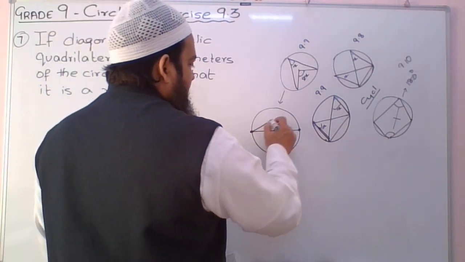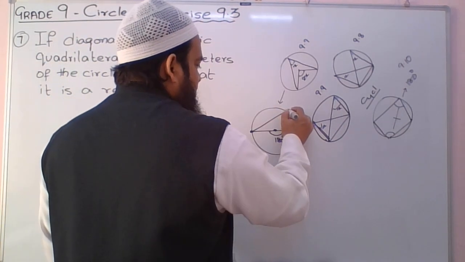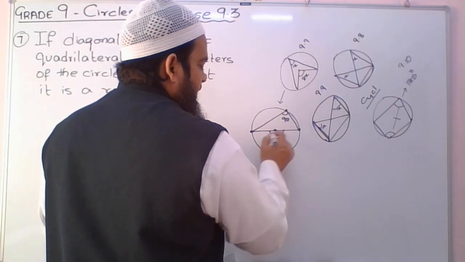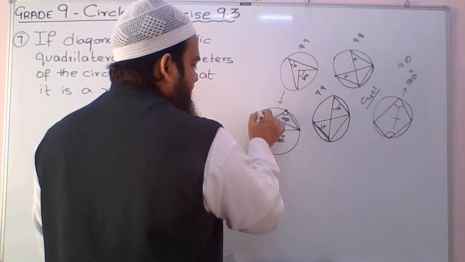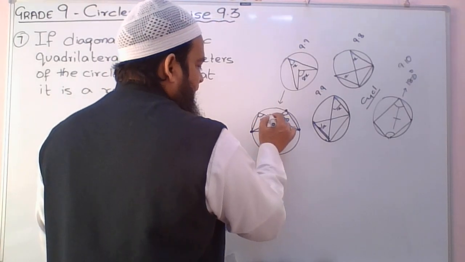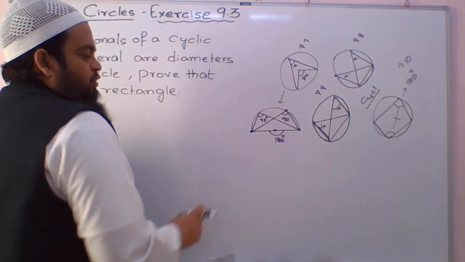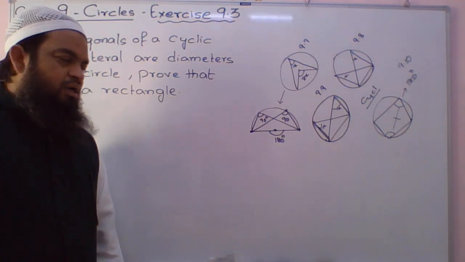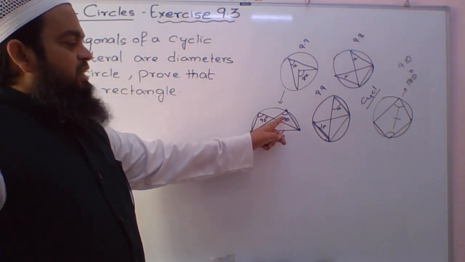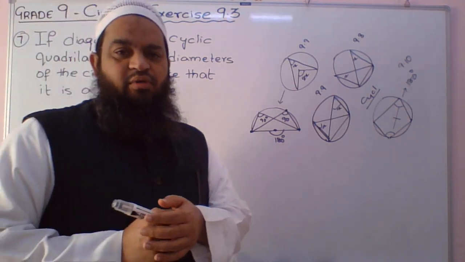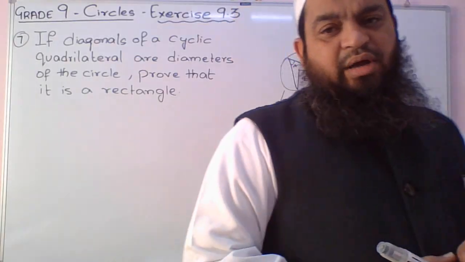So if you subtend an angle on the remaining part of the circle, what is the angle? It is half of it, 90 degrees, and here also it is 90 degrees. Am I right? So if I remove this part of the circle, you can understand that the angle subtended in a semicircle is 90 degrees. This is what we have learned, right?